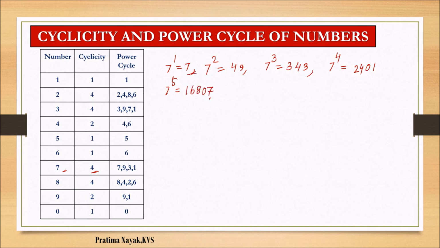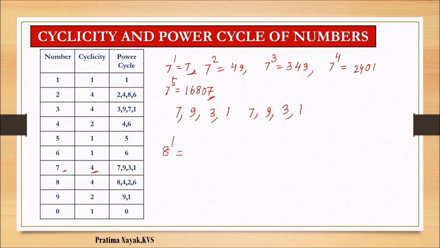So again 7 is repeated. So its cycle is 7, 9, 3, 1. After 4 it will repeat again, and the number of cycle is 4. Power cycle, this one.